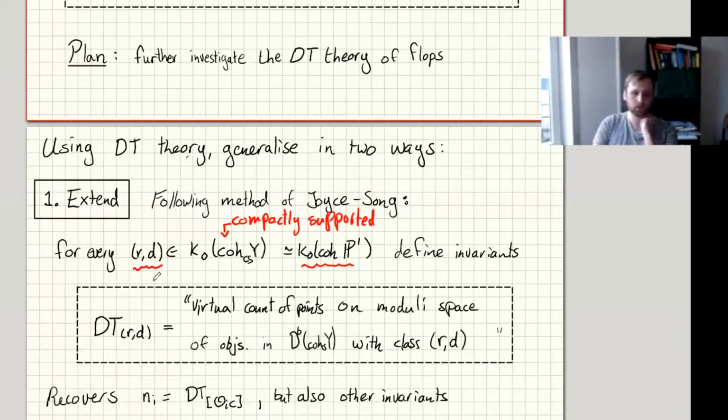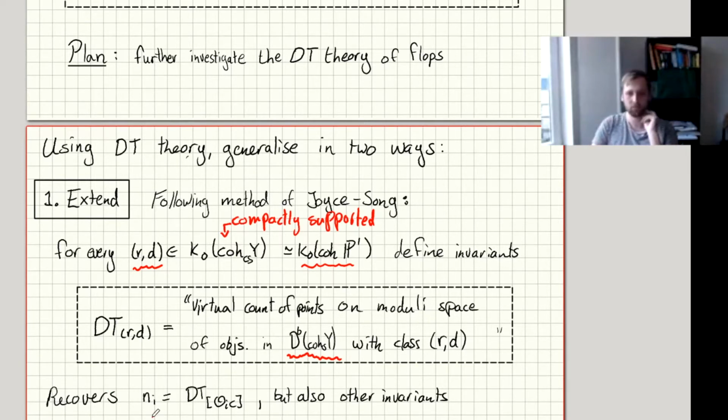Right. So in general, we can define DT invariants, which will be some virtual counts on some moduli space of objects supported on the curve with this specific class. And when I say objects, I mean objects in the derived category of the space.